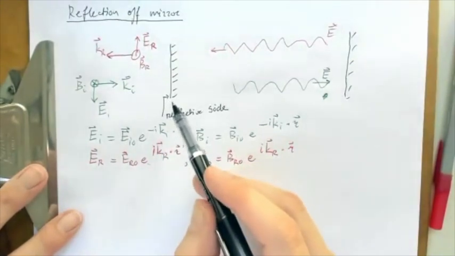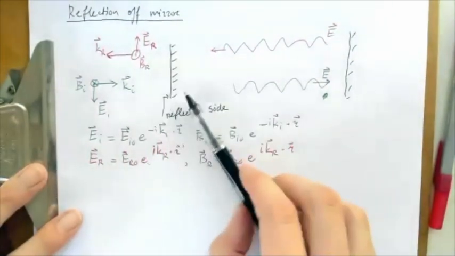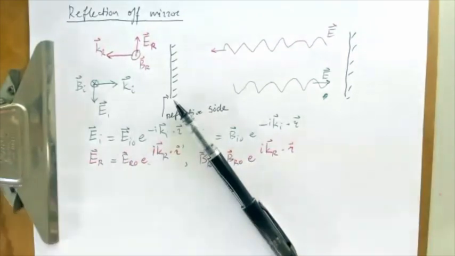So if this is a mirror, we need to ask not only what's happening at the surface, but also what really is a mirror. Of course you've all seen mirrors, and hopefully you know what it is. But in its most basic form, a mirror is just a polished sheet of metal.